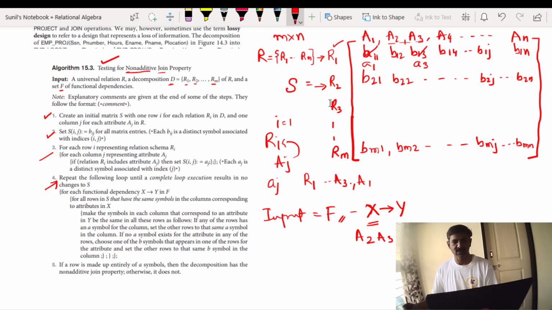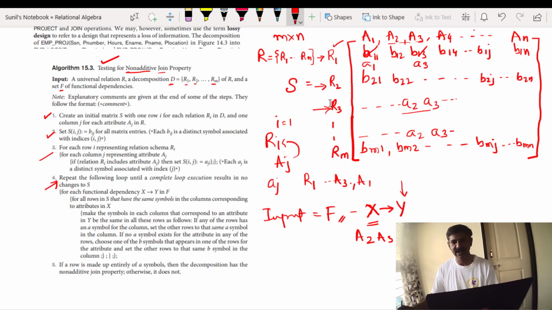For example, if R3 has A2 and A3 here, you have to find out any other row which contains A2, A3 here. So possibly two rows may contain the same set of values, and the corresponding Y values you have to identify.